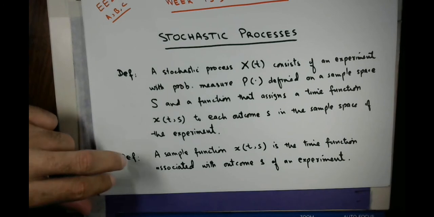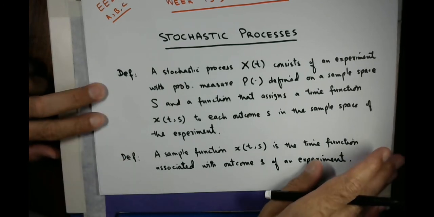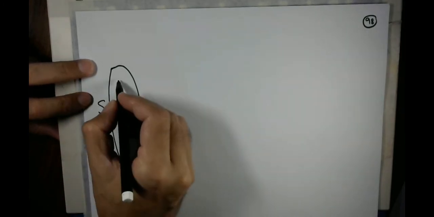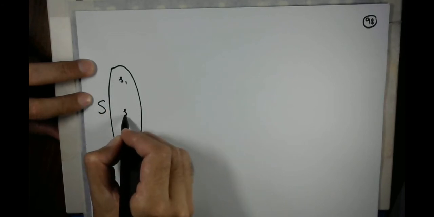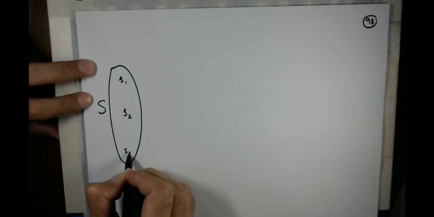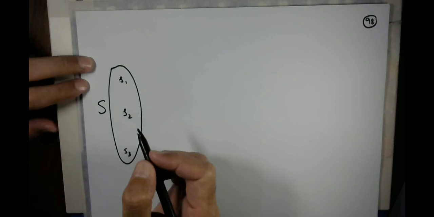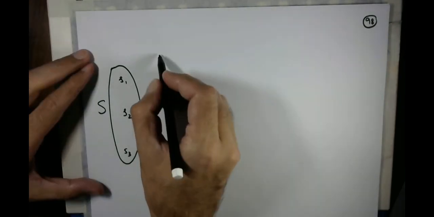So this x of t is now a sample function, t is the time and s is an outcome of the process. So how can we visualize a stochastic process? Let me give you a little more on this. Suppose you have some sample space S where you have s1, s2 and s3 as the samples.